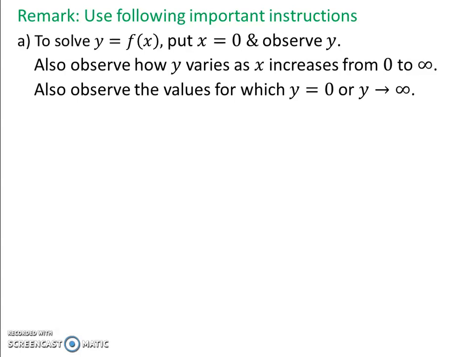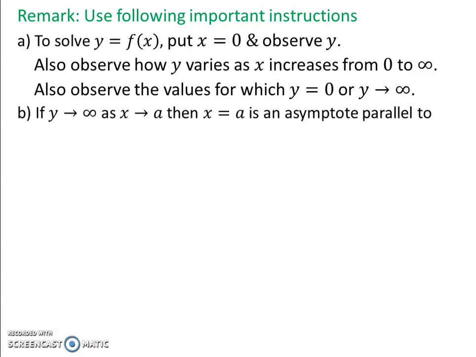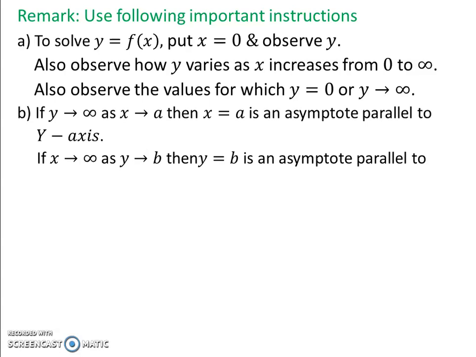This will actually give you the nature of the curve. If y tends to infinity as x tends to a, then x equal to a is an asymptote parallel to the y-axis. If x tends to infinity as y tends to b, then y equal to b is an asymptote parallel to the x-axis.